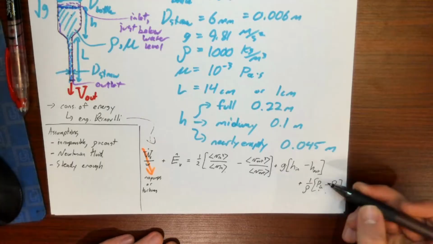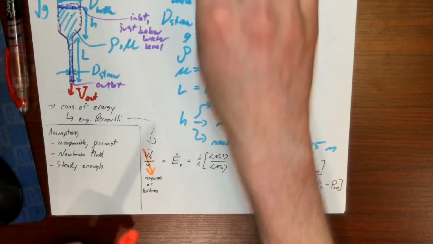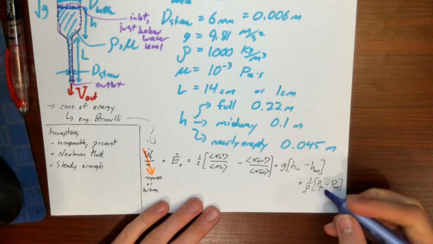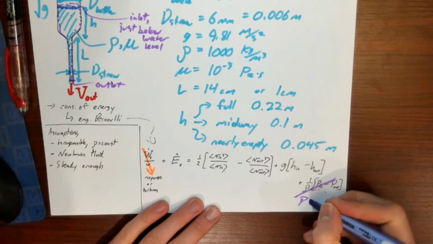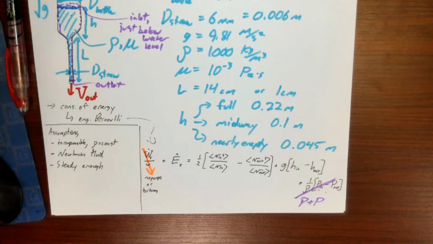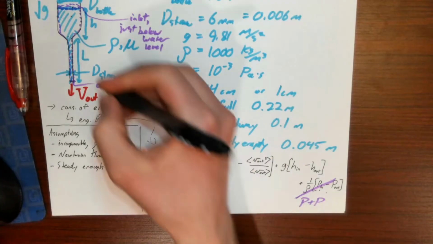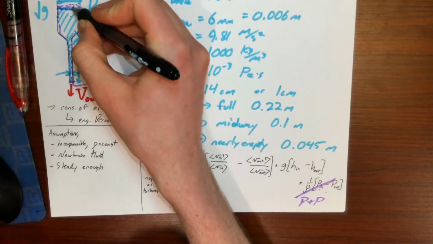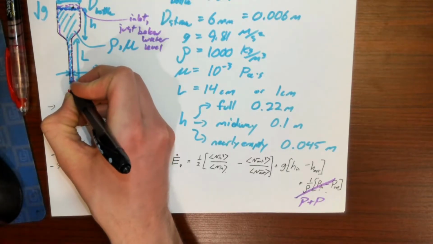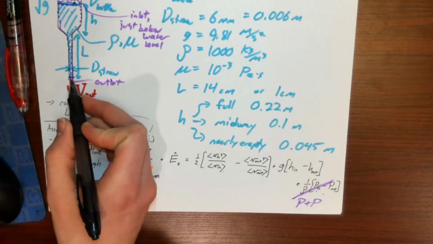If I think about what simplifications we can make to this term, pause and ponder. Why are we able to cross off this term here? Perhaps you've paused and pondered. It turns out that this top part of the surface is exposed to atmosphere up here, and right as the water leaves the outlet, that water is also exposed to atmosphere on both sides.